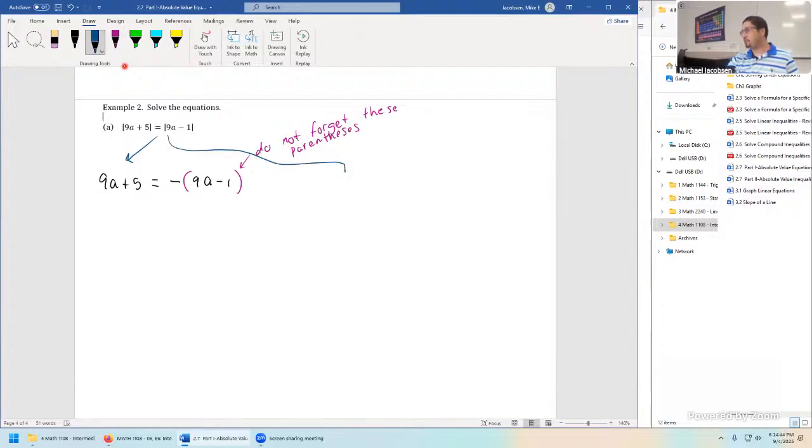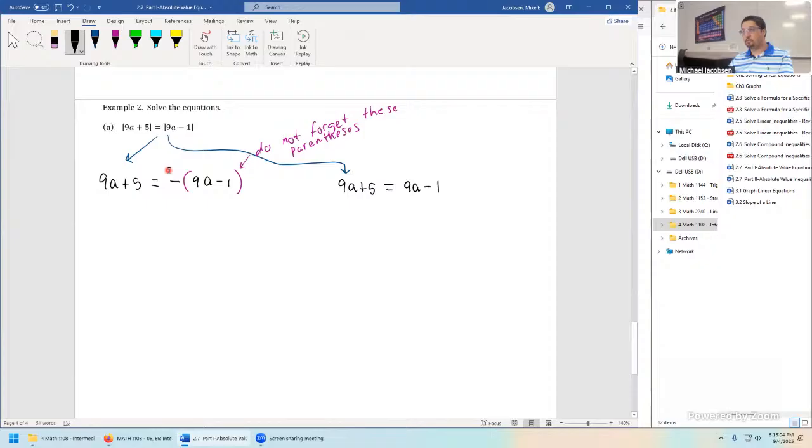Then the next equation, let me drop it over here, is going to be same thing. We just drop both absolute value bars on the left-hand side and on the right-hand side. So 9a plus 5 equals 9a minus 1. So now we need to solve both equations.